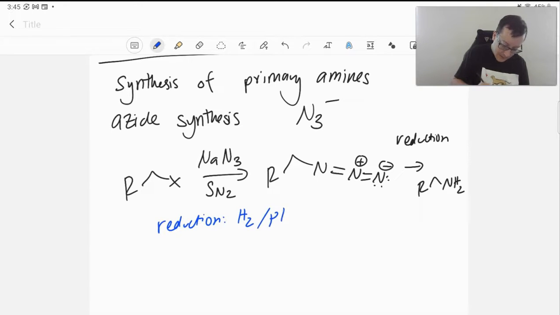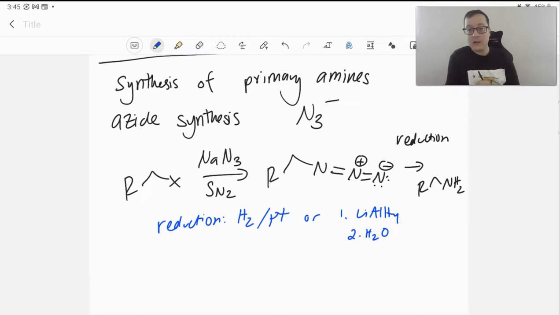So hydrogen and some catalyst will reduce your azide into an amine, or you can do lithium aluminum hydride, and then water will take care of your reduction. Either one. You can use either of these pathways.